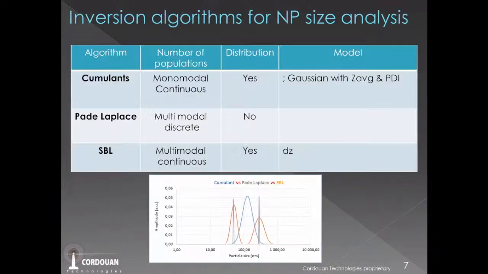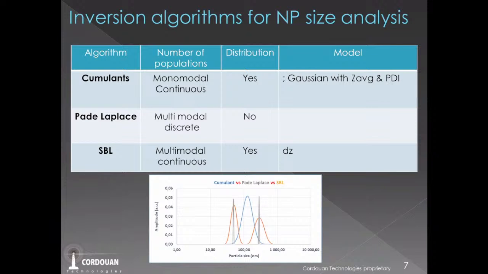So now let's talk about the mathematical algorithms. We are using, in fact, three different algorithms. The first one, cumulant, is the standard. In every machine, you will find it. Cumulant assumes that you have only one monomodal distribution, meaning only one size with what we call a standard deviation. So it's a statistical distribution, a normal distribution.